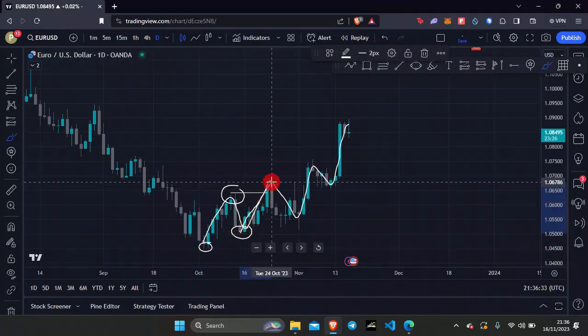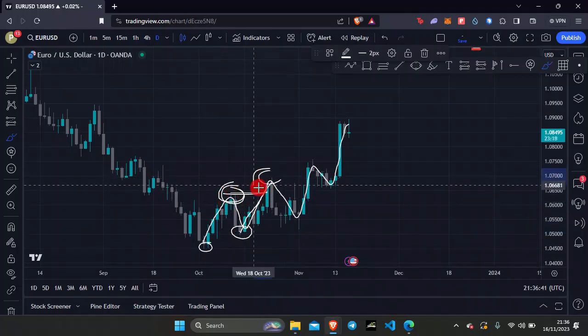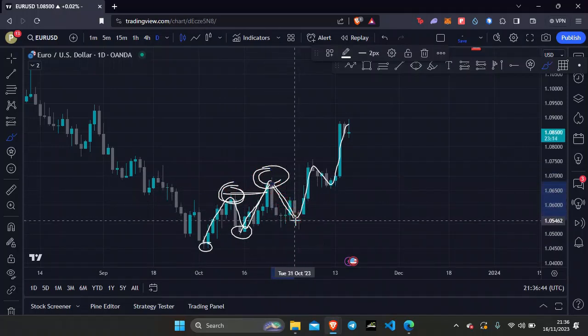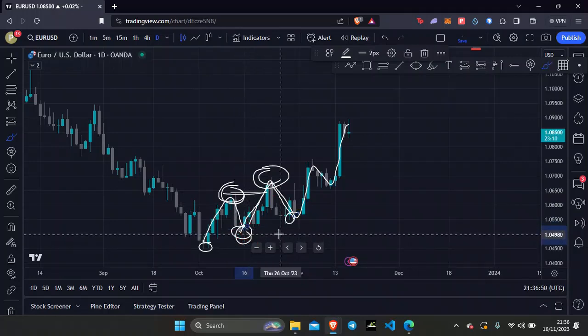So then when we got this push up, we now broke this higher high, giving us a new higher high, which then gave us a new higher low because it was higher than this previous higher low right there.